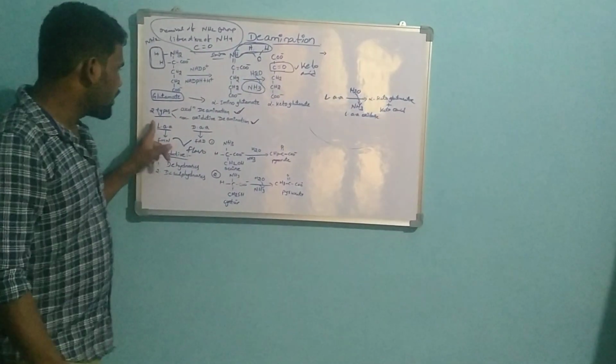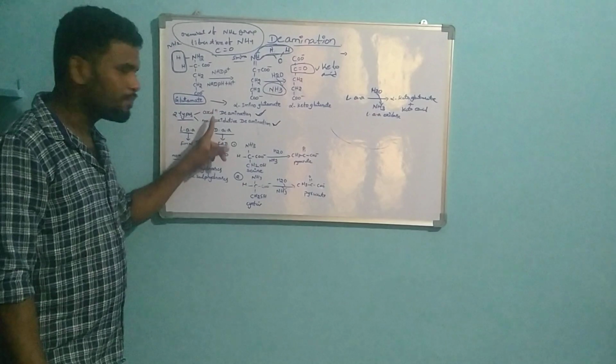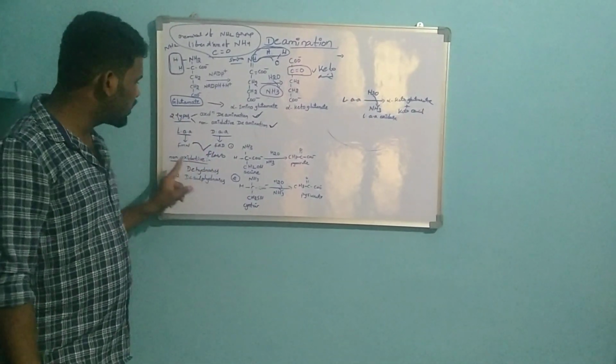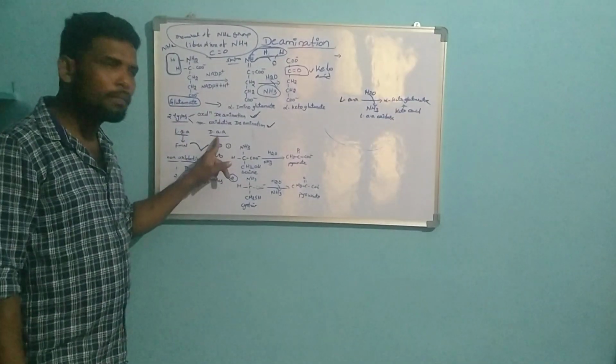So deamination consists of two types: oxidative and non-oxidative. Oxidative deamination involves two types of amino acids, levoamino acid and dextroamino acid.